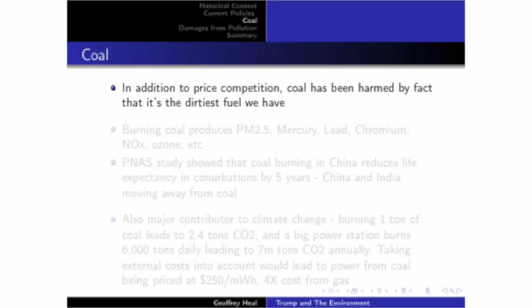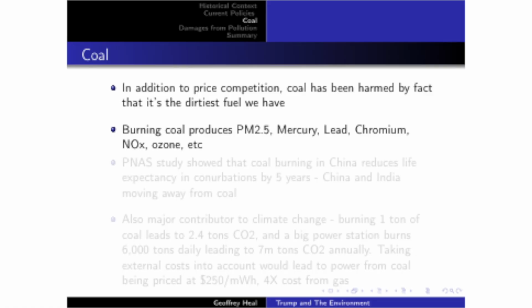Now, there are other issues going on. In other countries in particular, coal has been phased out, or is being phased out, because it's a very dirty fuel. So it's not just an issue of competition from other fuels. If you look at countries like China and India, they're consciously trying to move away from coal. And what's driving the concern there is not the fact that gas is cheaper, because it isn't in those countries.